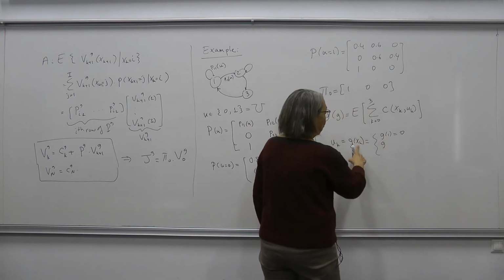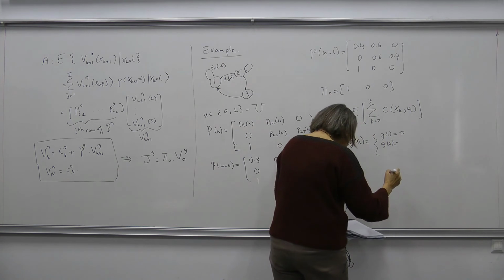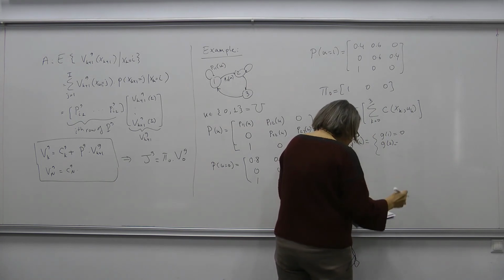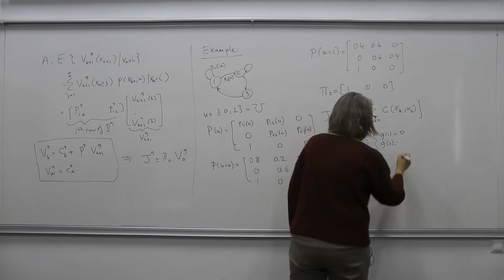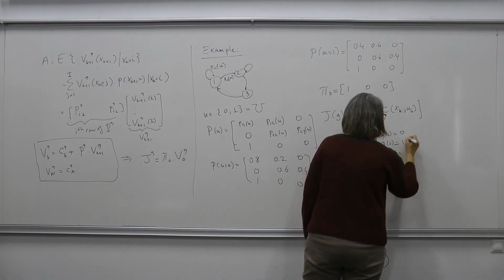We have 3 values for xk. g of 2 is selected as 1, and g of 3 is selected as 1.